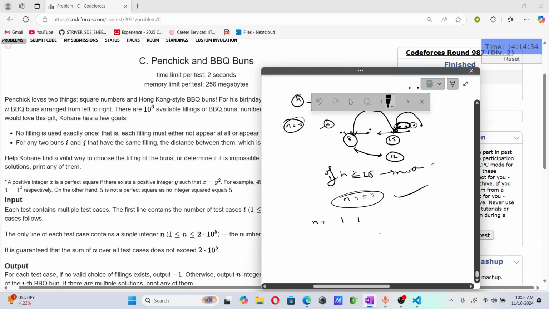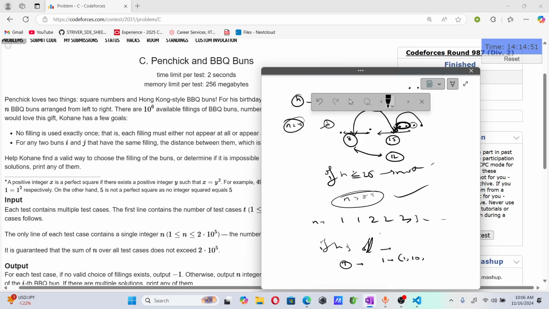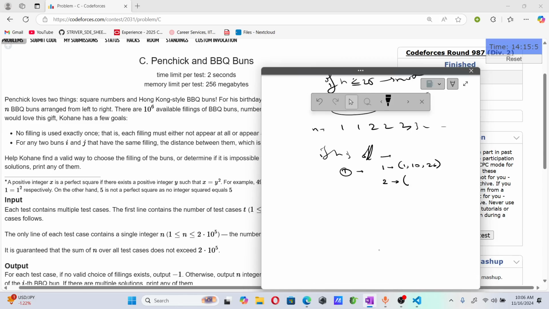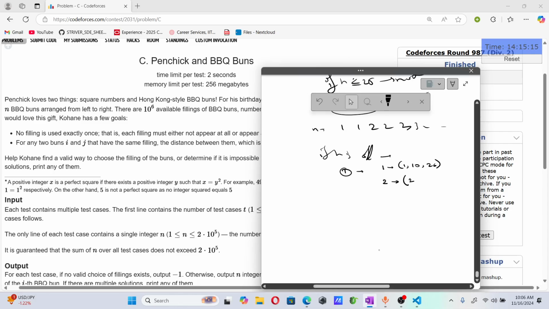If n is even, just do 1, 1, 2, 2, 3, 3, and so on. If n is odd, then put 1 at 1, 10, 26, and 2 at 23 and 27, and then you can just pair the rest, 2 each.